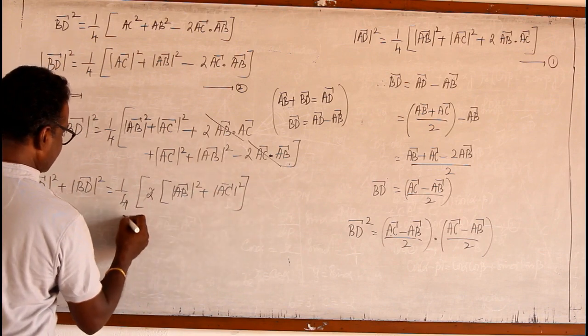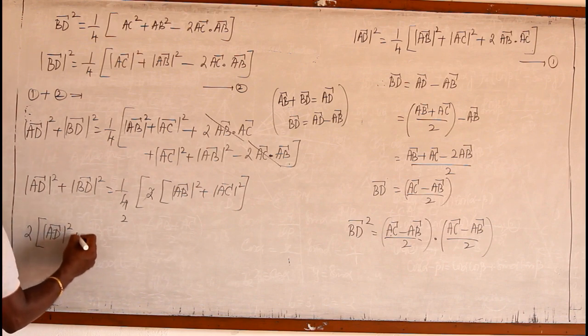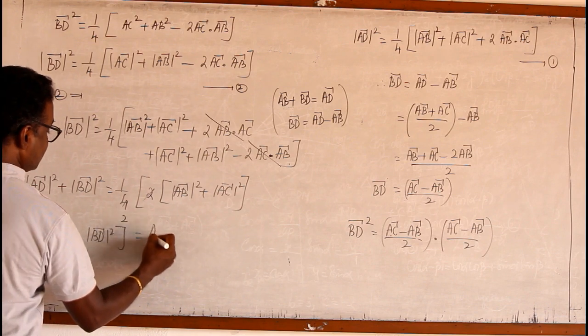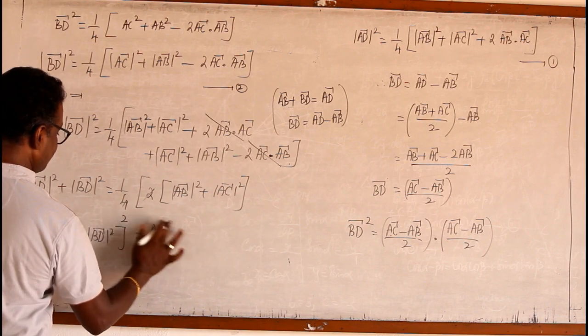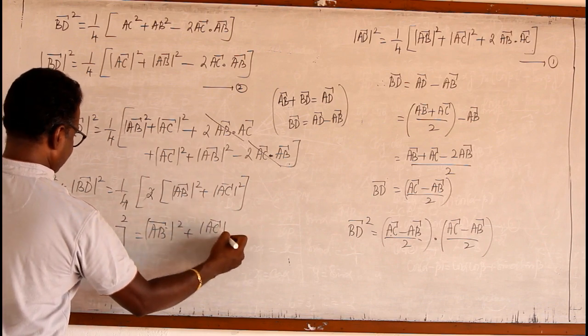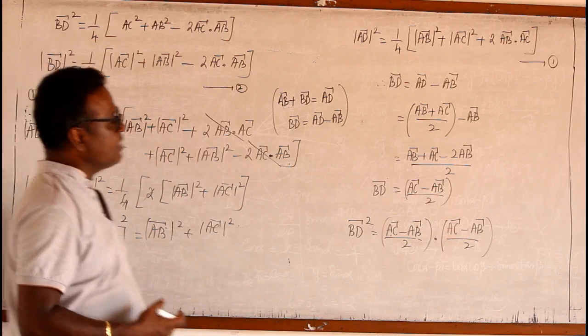So 2 and 4 cancel, and the 2 is cross multiplied here: 2 into modulus of AD square plus modulus of BD square equals AB square plus AC square. So we proved the Apollonius theorem. Hence the theorem is proved, and this is an important concept of the median, and we proved it using vectors.